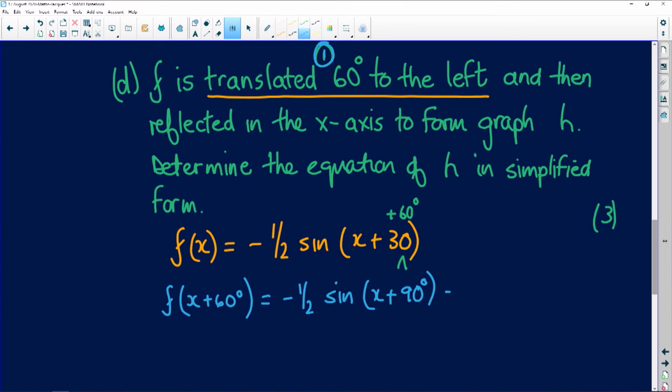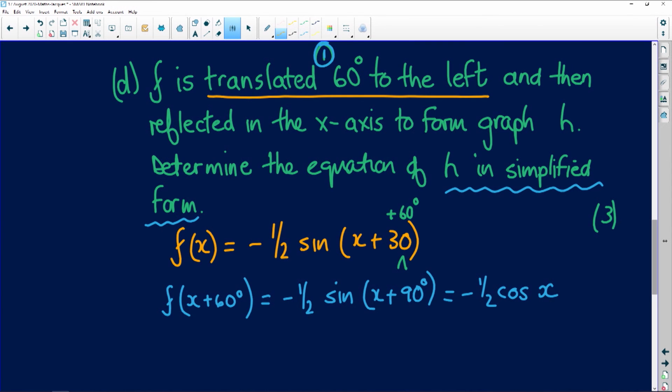Which quadrant is it in? Let's see. X, first quadrant, plus 90 puts it in the second quadrant, where sine is positive. So this stays minus a half for now. Sine, because of the 90, becomes the cosine of x. And hence they said here, in simplified form. That's where your simplified form came in.